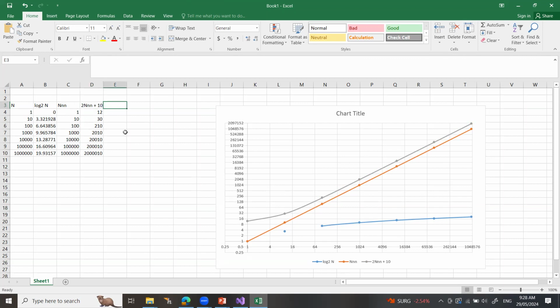In fact, let's be even more crazy. Let's go 10 by n, and I'm going to add the log base 2 of that. Would that meaningfully change anything? So 10n plus that thing.